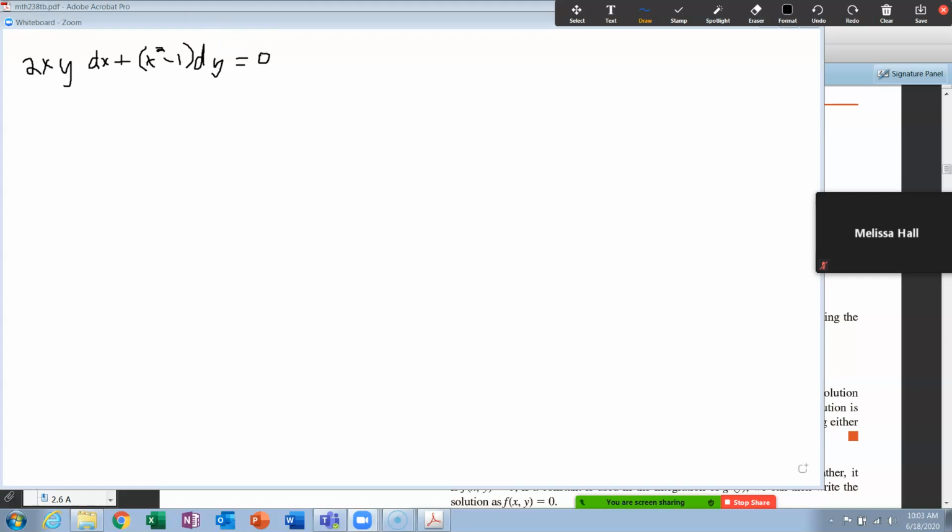Because if x is equal to 0, this whole thing is equal to 0, right? And then you just have an x squared minus 1 dy is equal to 0. And with x equals 0, that means minus 1 dy is equal to 0. So that's just y is equal to a constant.